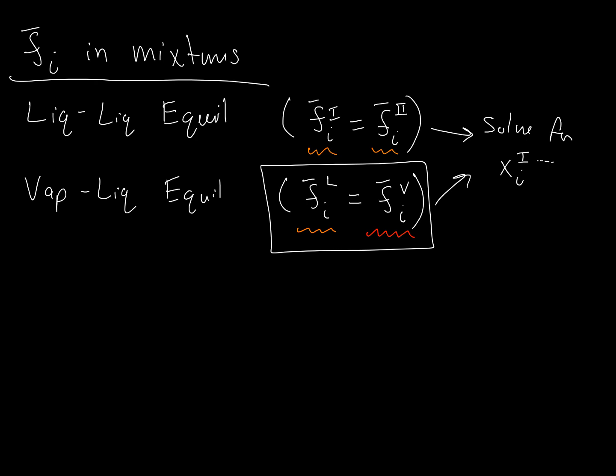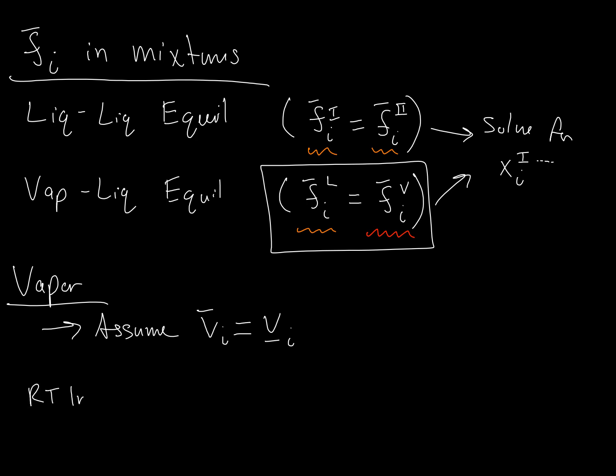Now, for vapors, we're going to talk about vapors first. If we assume that it's ideal, that means that the volume of the species I in the mixture is same with the volume of it as a pure species. We can simplify our fugacity expressions quite readily. So our fugacity is more or less defined given by this formula here, our partial molar fugacity rather.